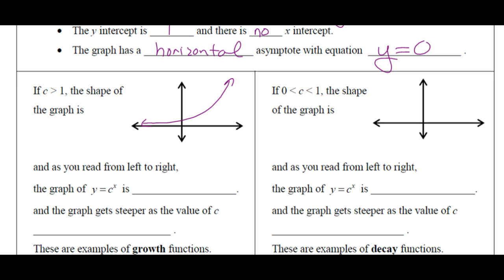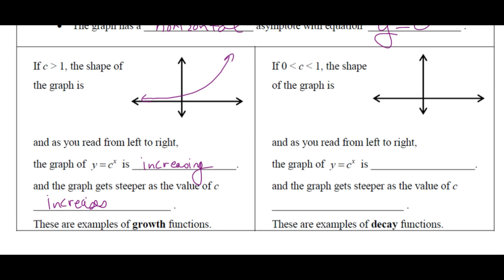And as you read from left to right, the graph of y equals c to the x is, I already said it, increasing. And the graph gets steeper as the value of c increases. These are examples of growth functions, right? So things are growing, getting bigger, increasing.